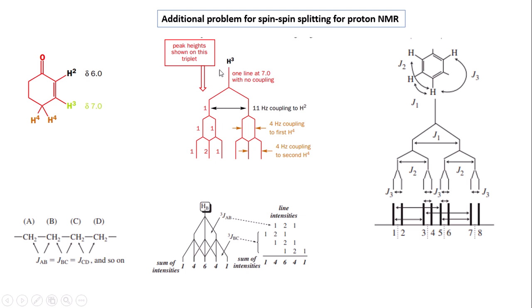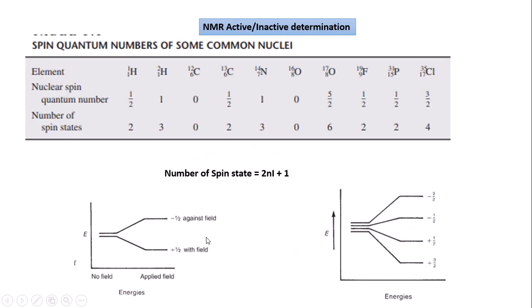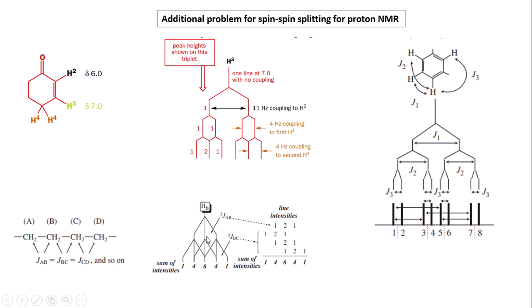H3 is split by the H2 proton as a doublet, and then split by the H4 proton as well as the other H4 proton. So we get a doublet of doublet of doublet, and this is possible if we calculate the signaling on the spectra for the A, B, C, D protons.